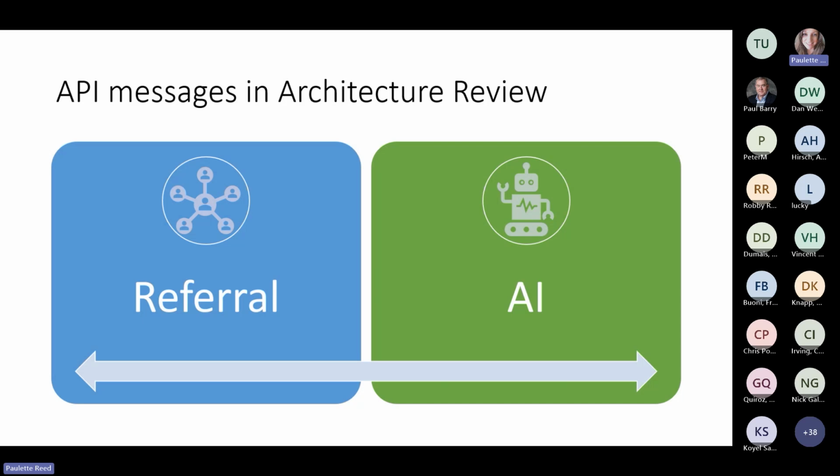So the architecture team has a number of recommendations to go back to the referral committee. The AI committee, however, kicked off after CAPAS. So they'd already seen those guidelines and the naming standards. So a lot of the information in our AI committee is valid and will be going forward.